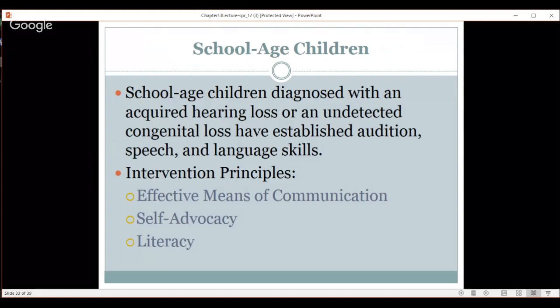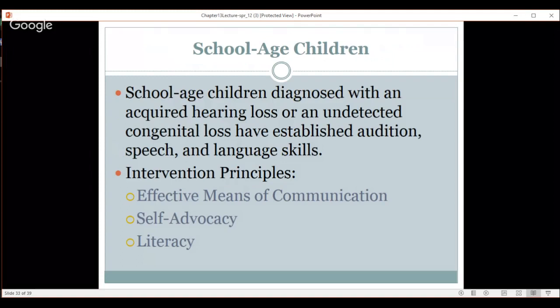Participating in a sporting event might require assistance of technology to enable the athlete to hear the coach from a distance. And all of those things are important things to be taught to children once they are school age, so that they can advocate for themselves when they're out in public, away from home, without a parent or possibly even a teacher to advocate for them.